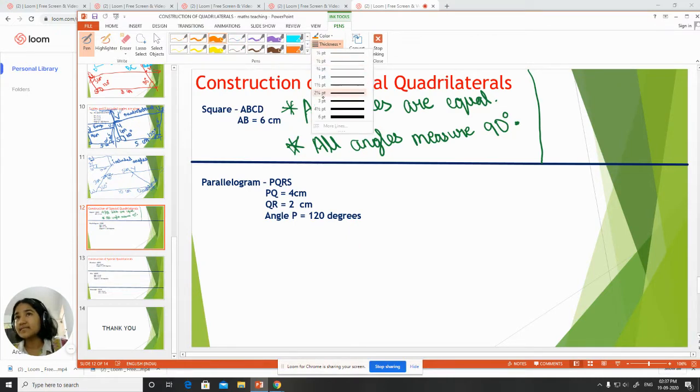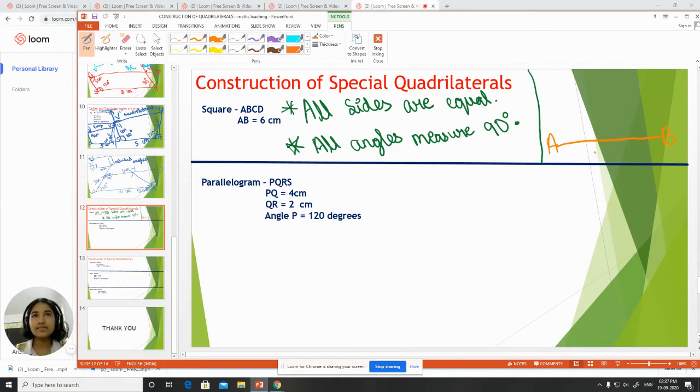It's given that AB is 6 centimeters. Then we'll draw A, we'll draw B, and this will be 6 centimeters. Then we know that the measure of angle A and angle B is 90 degrees because that is the property of a square, right?